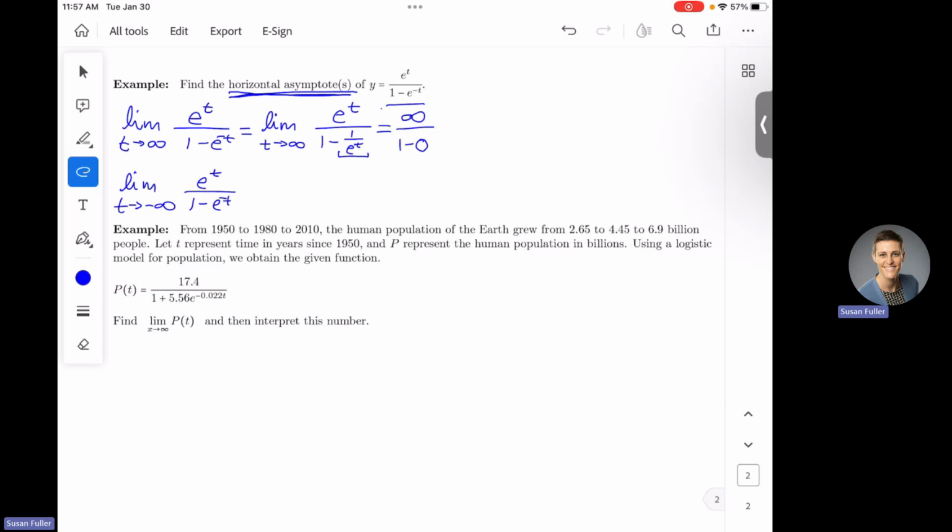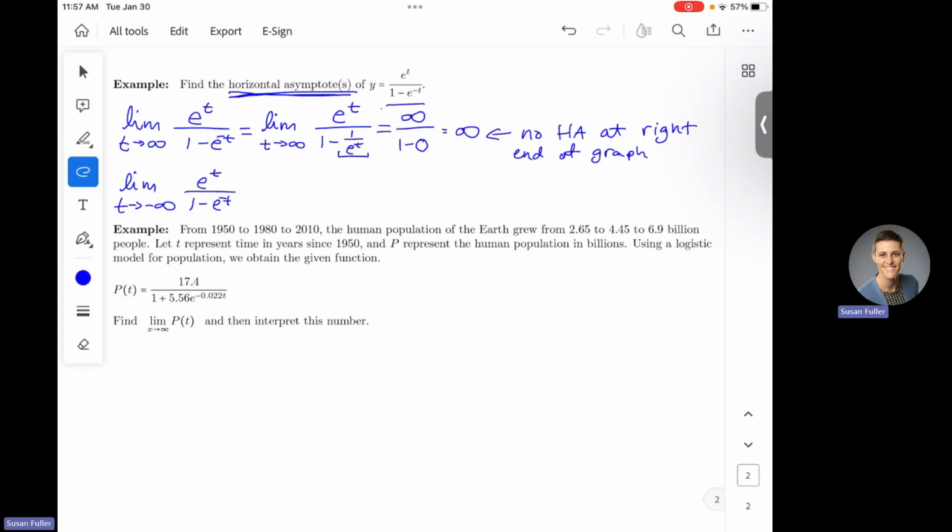So overall, this is infinity divided by 1, which is infinity. Because the limit as t approaches infinity of my function gives me infinity, that means I have no horizontal asymptote at the right end of the graph.